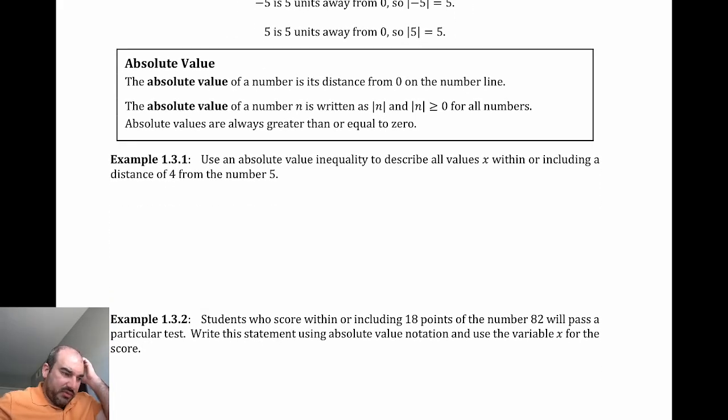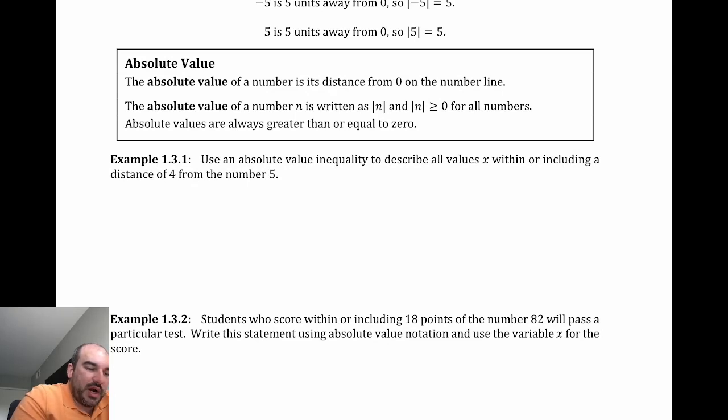What is this example? Use an absolute value inequality to describe all values x within or including a distance of 4 from the number 5. So this is an interesting way to incorporate absolute values into kind of an English sentence. So let's try to figure out what goes where in this sentence.